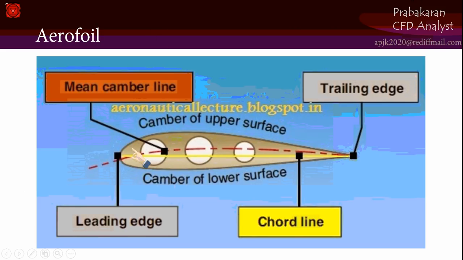An aerofoil is a shape which has high curvature at the upper and low curvature at the bottom. This foremost point is the leading edge, and this end is the trailing edge.